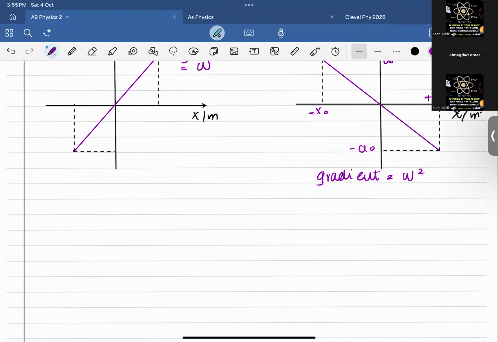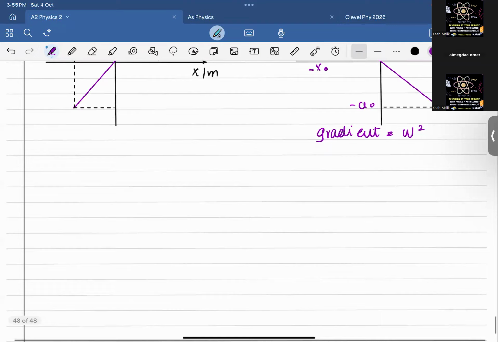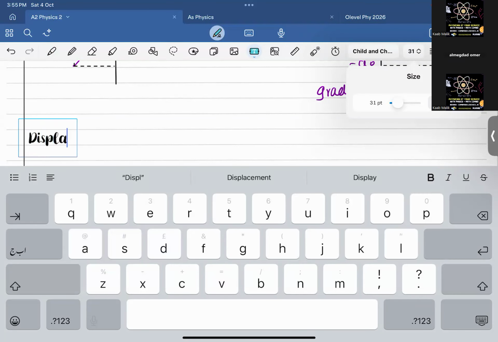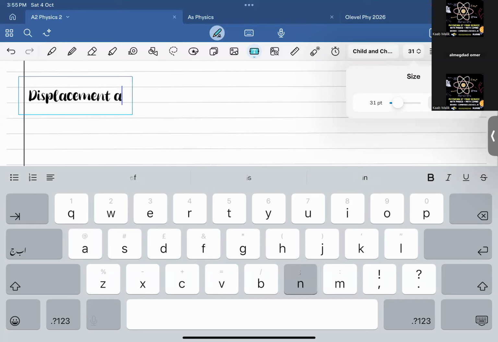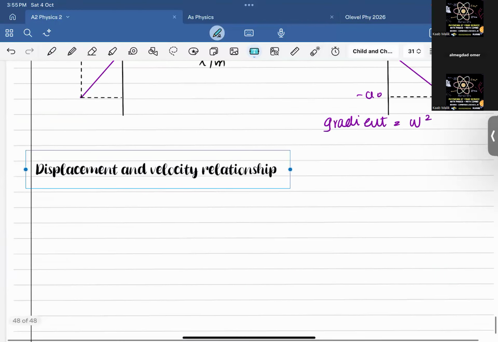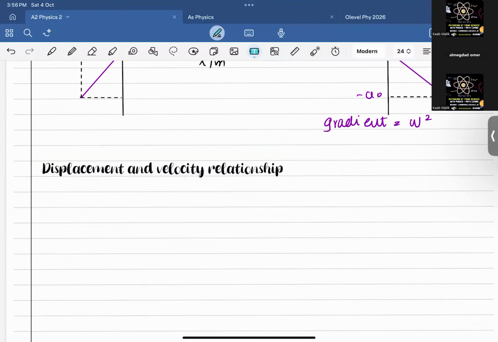Now, the displacement and velocity relationship is very simple.